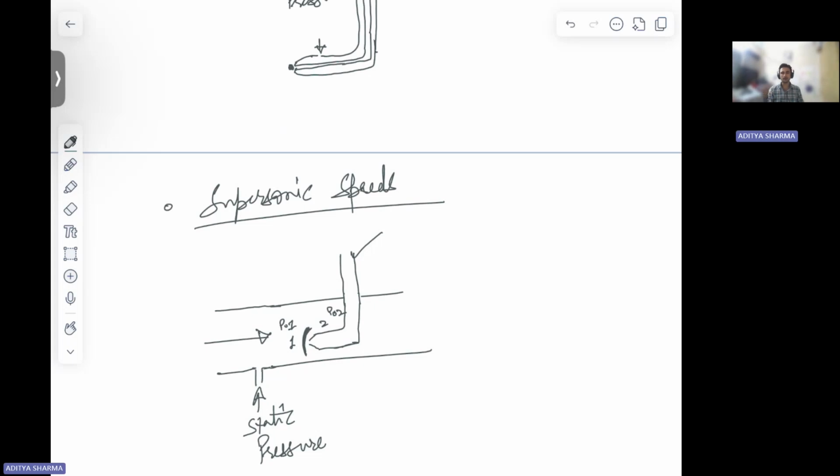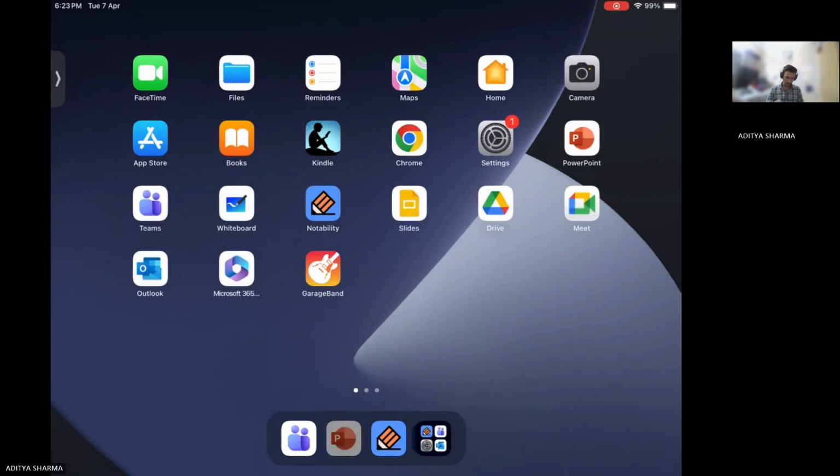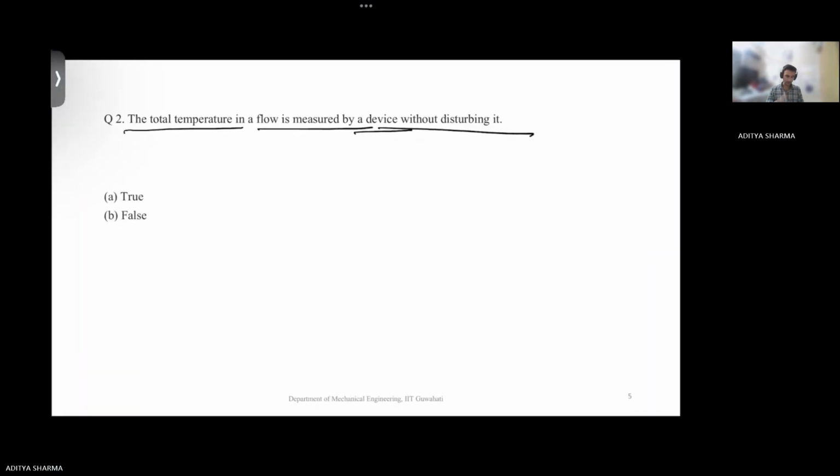If you are measuring a static property, the probe or the sensor will be on the wall. In that case, you need not disturb the flow. But here, you will eventually be disturbing the flow. So, false statement.